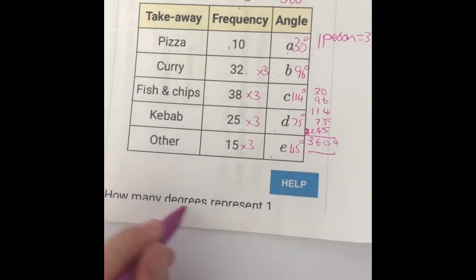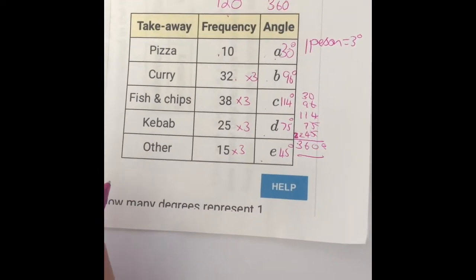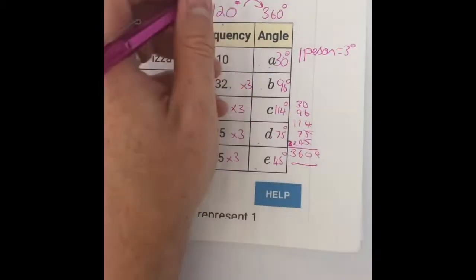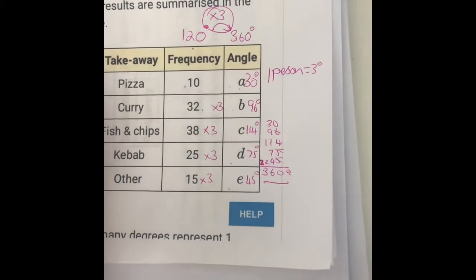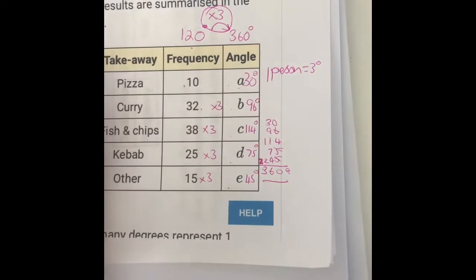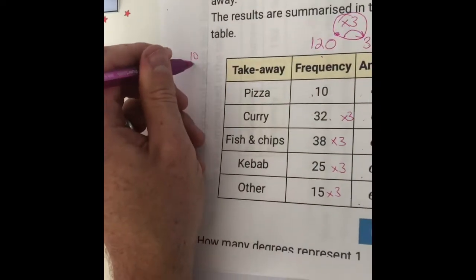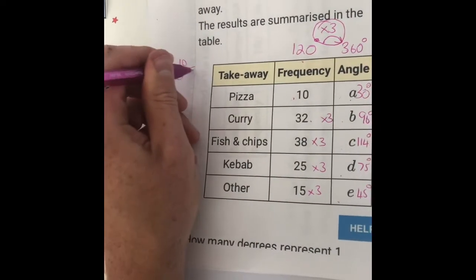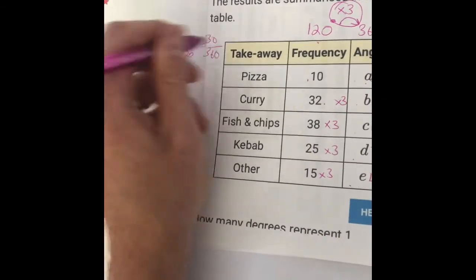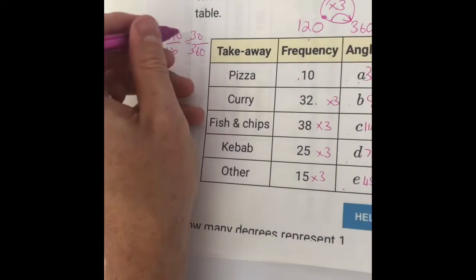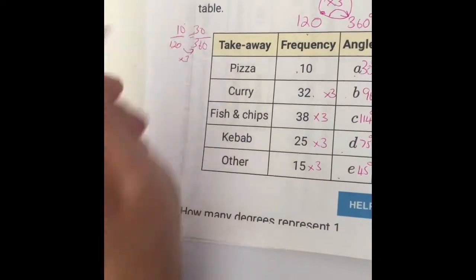The question was how many degrees represent one person? So one person was 3 degrees. It's basically what's the number that you've got to multiply. Another way of doing it is if you've got 10 out of 120 people, you've got to make that out of 360 as a fraction. So that'll be 30 out of 360. It's a similar way of doing it. You've got to times that by 3.